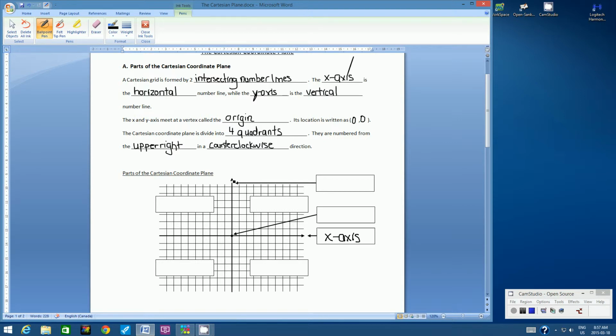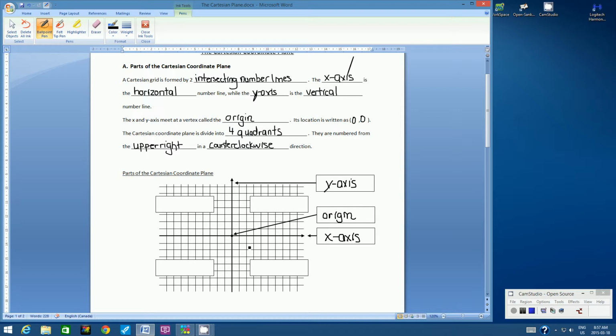Well, that is this number line right here, the y-axis. Then this very special point here is called the origin.